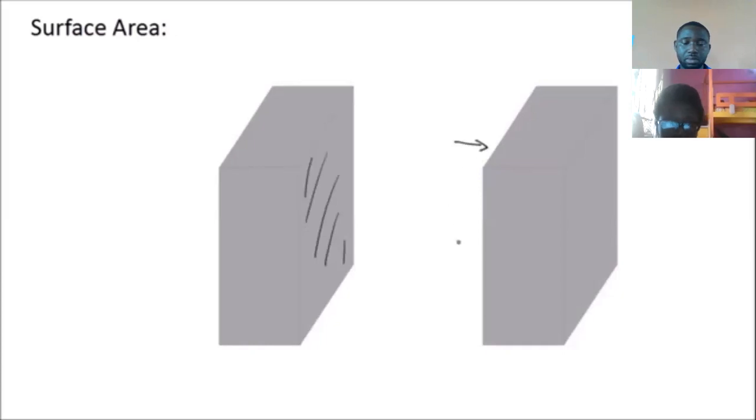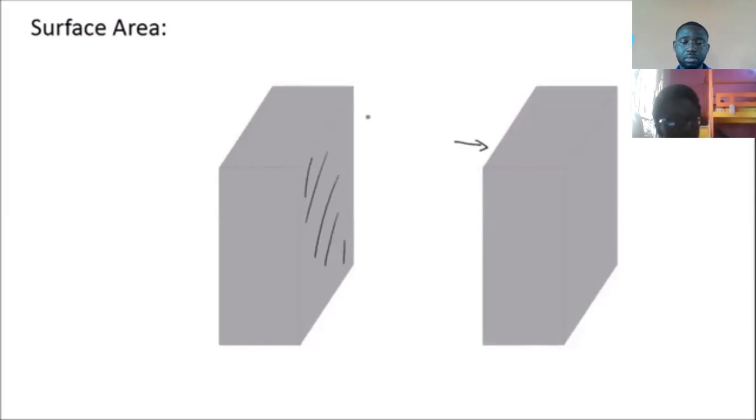So splitting this cube in half hasn't changed the overall volume. The volume is still the same. I haven't added any material and I haven't taken away any material, but I have increased the surface area by cutting this cube in half, because I have been able to expose more of the surface of this material.